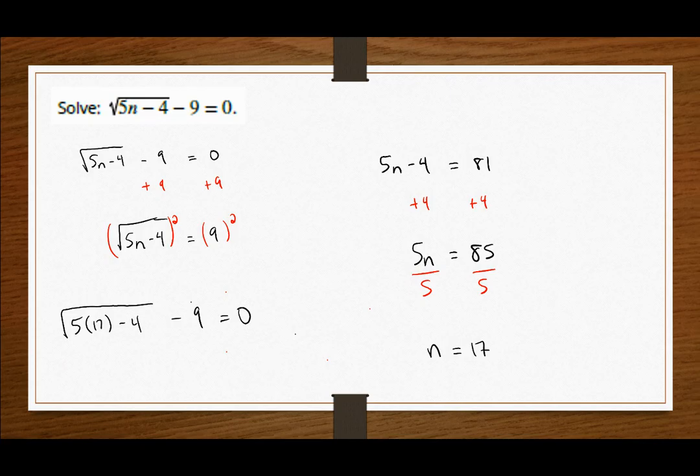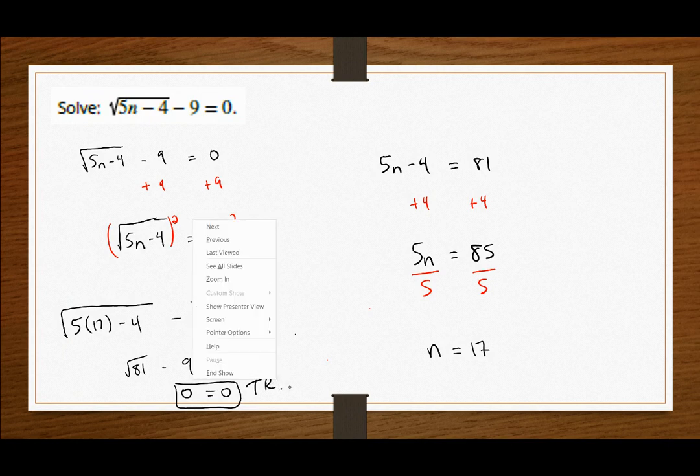So the product here of 5 times 17 is going to give me 85. If I subtract 4, that should give me 81. The square root of 81 is 9. And so we end up with something like 9 minus 9, which is, of course, 0. So we can, in fact, confirm that, yes, this gives me a true statement. And so it must be the case that I have a correct answer.